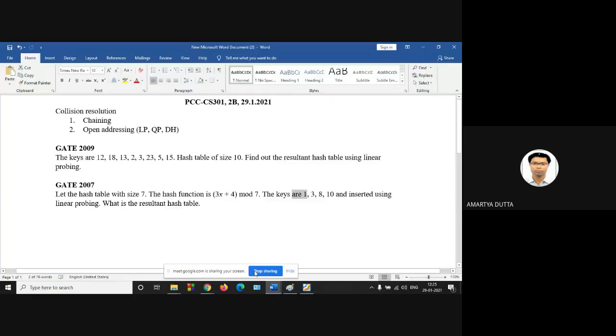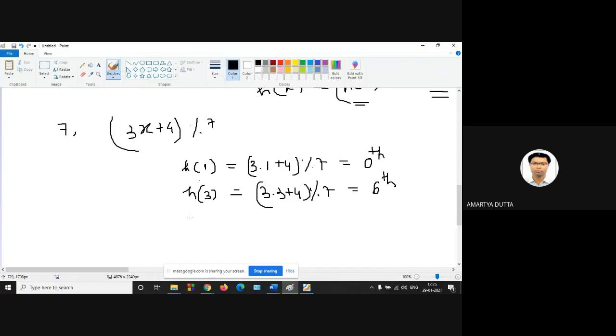Next one is your 8. So H8 is 3 into 8 plus 4, modular division 7. So what is the position? 0.